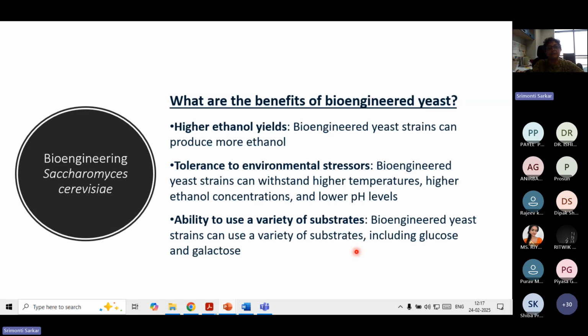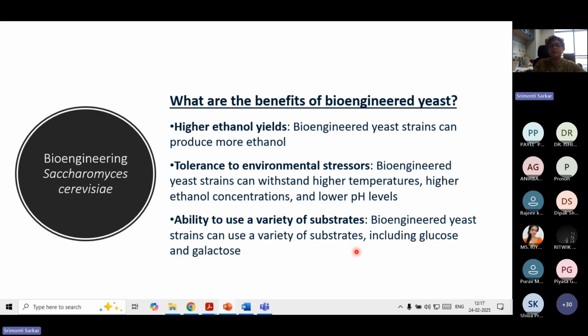So what this means is, as ethanol is being produced, ethanol itself is a toxic product. If yeast can handle that toxicity better, it will survive longer in the presence of ethanol. Not only that, ethanol production also leads to environmental stress such as thermal stress.